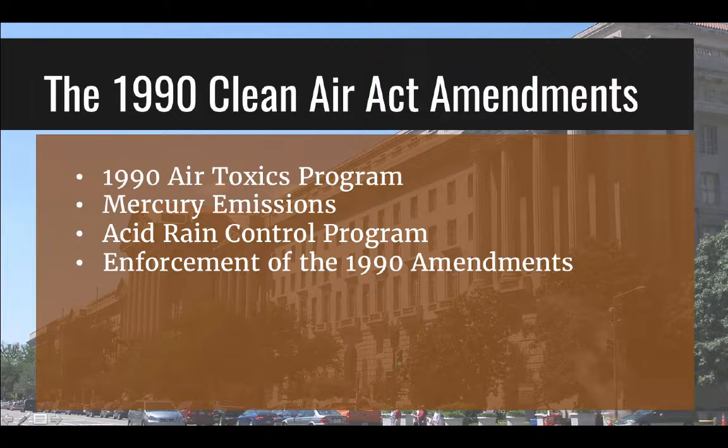MACT is met by the best emissions control that a facility in the same category or subcategory uses. Area sources may have to meet generally achievable control technologies, GACT, or management practices.